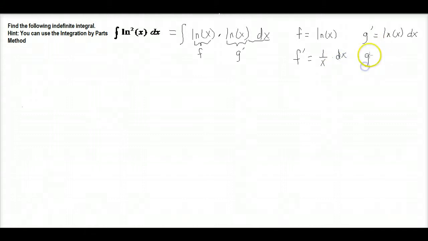And if we do the integral of natural log of x, we actually end up getting x times natural log of x minus x. Now, some of you may be wondering how we get that. Well, I'm going to take a break here and actually show you how we do that, and then continue on to finish up this particular problem.